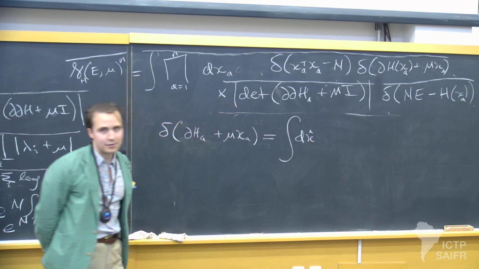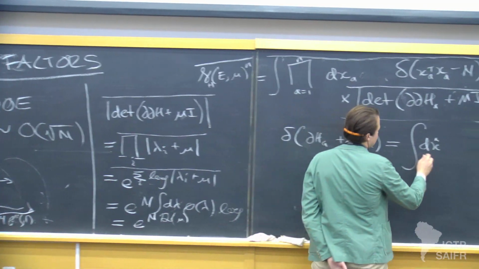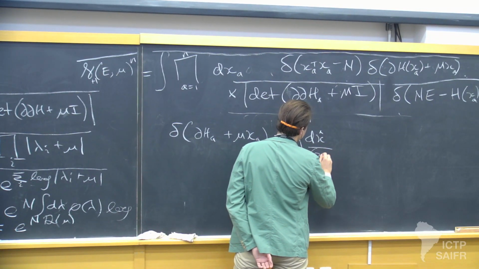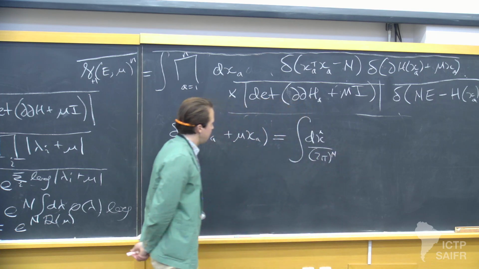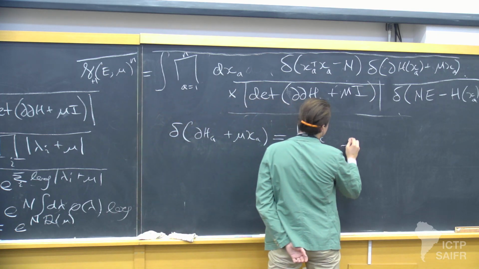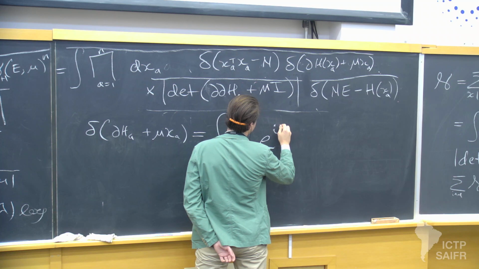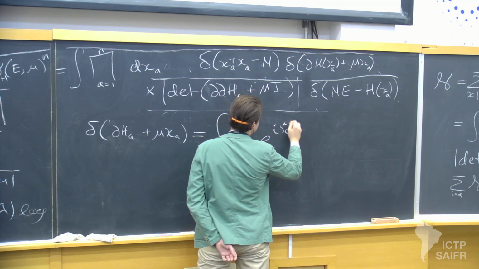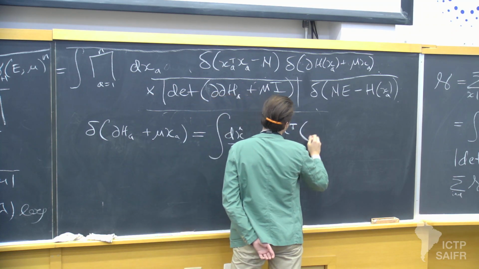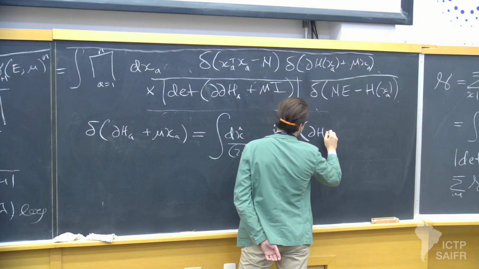I always put hats on my auxiliary fields. Divided by, okay, there's some normalization for the Fourier, times an exponential integral of i x hat transposed dotted into this gradient.